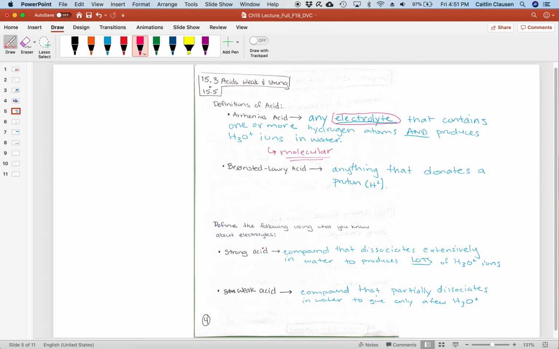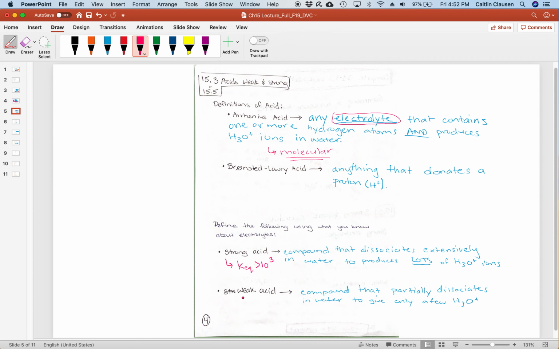So if we can also then define strong acids and weak acids, just like we define strong electrolytes and weak electrolytes. A strong acid is something that dissociates extensively to produce lots of H3O+ ions. So again, we are saying Keq greater than 10 to the third.